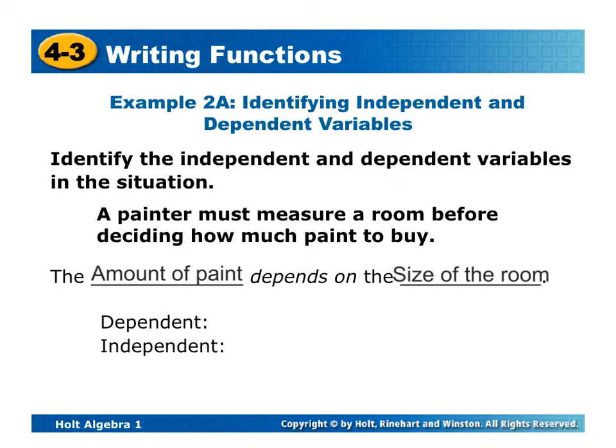Okay, so your dependent is going to be the amount of paint, and the independent is going to be the size of the room.